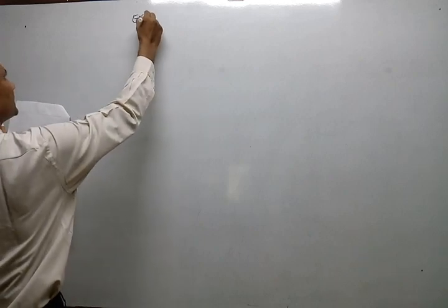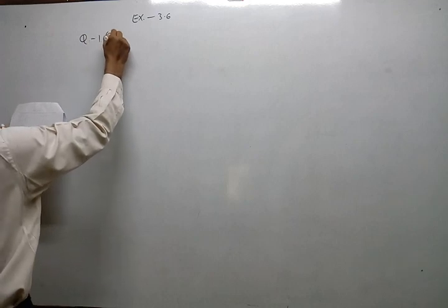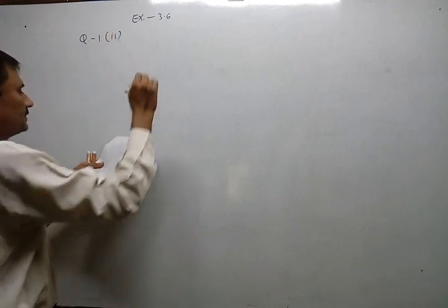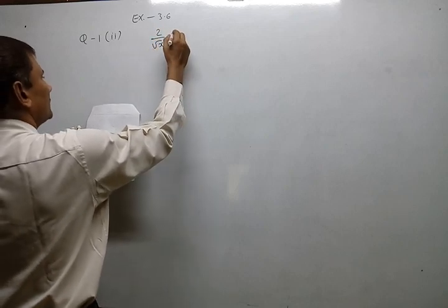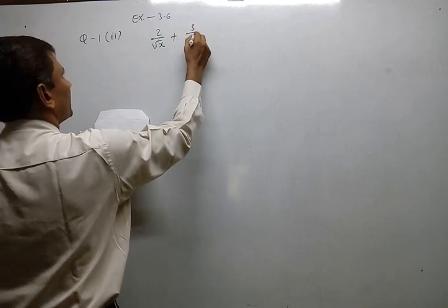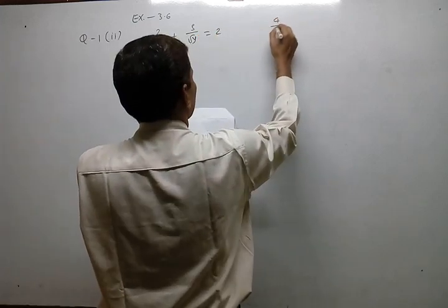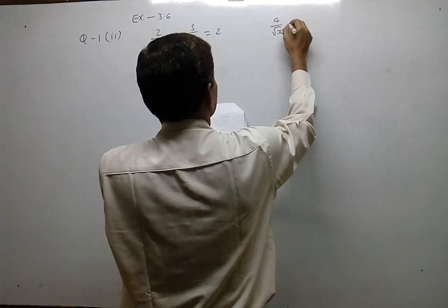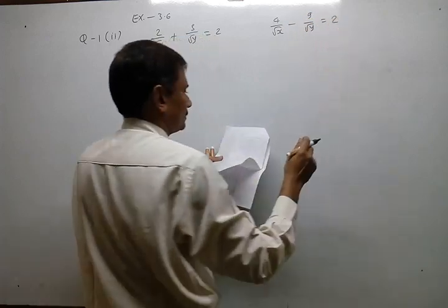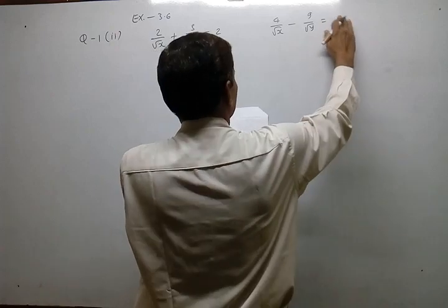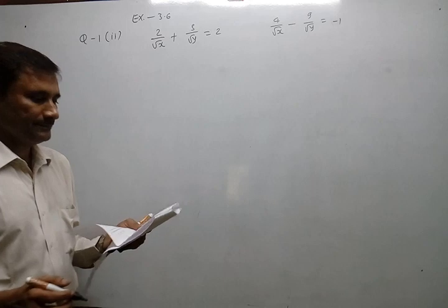Exercise 3.6, question number 2. First one is 2 upon root x plus 3 upon root y equal to 2, and the second one is 4 upon root x minus 9 upon root y equal to -1.